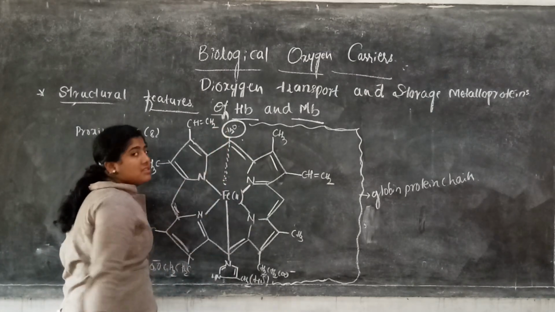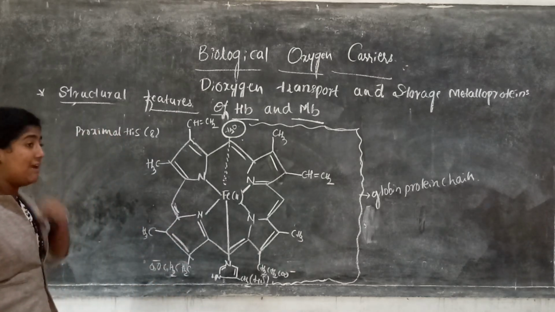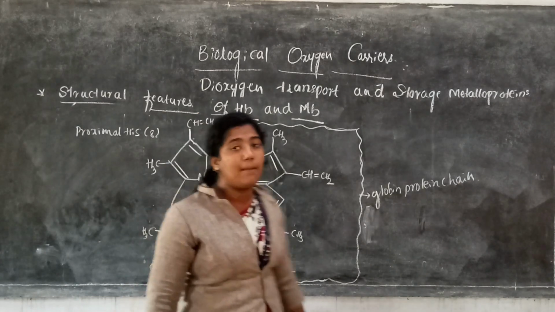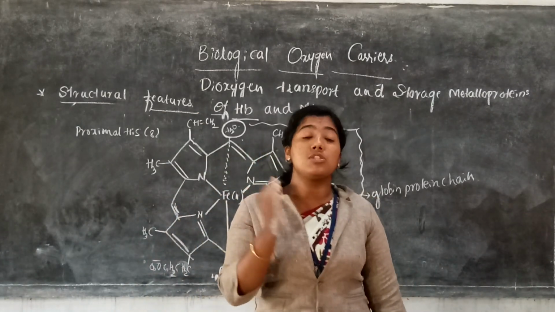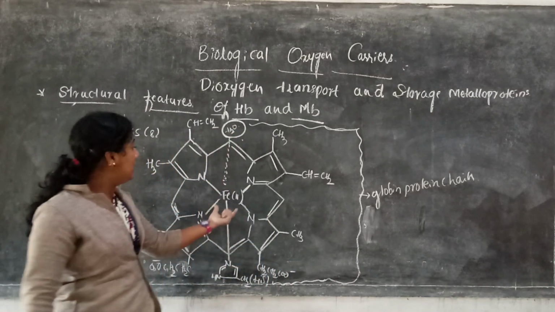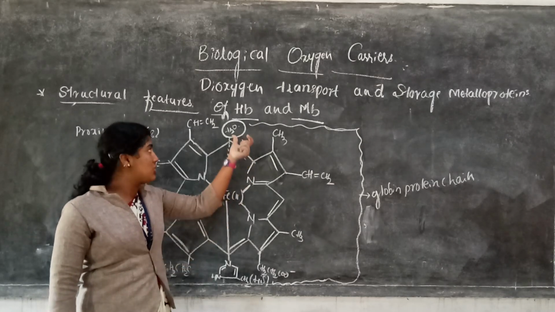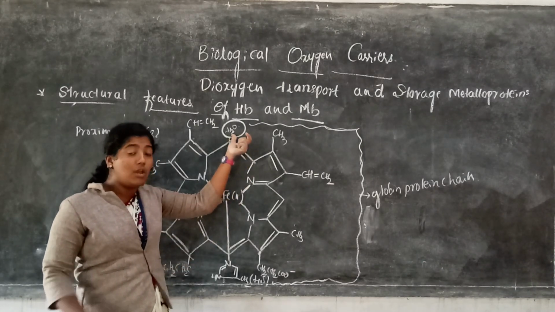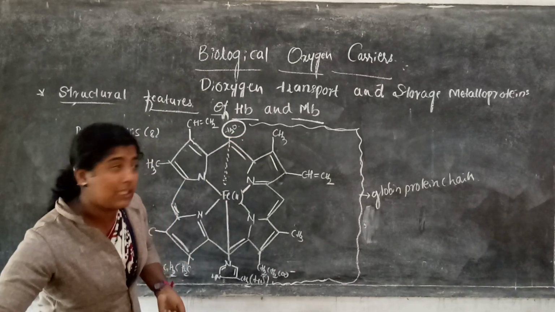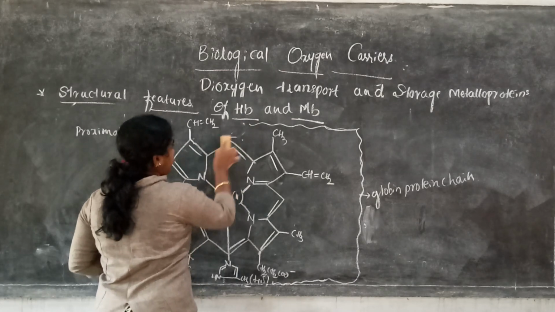The main functions of hemoglobin and myoglobin are oxygen transport and storage. So the iron center is coordinated to a water molecule before oxygenation, and after oxygenation it strongly binds with the oxygen.